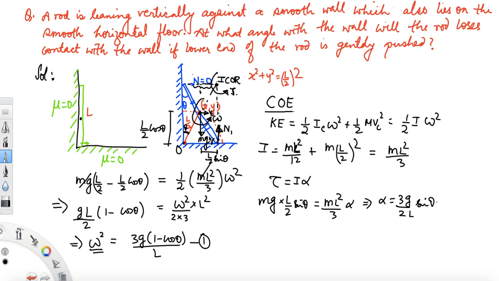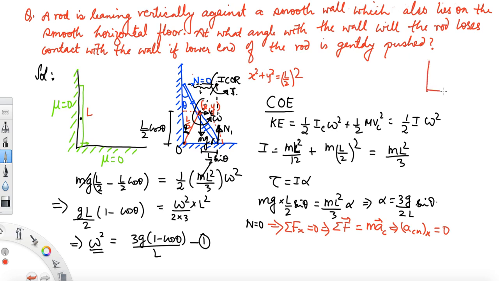Since normal reaction force is equal to 0, in the horizontal direction net force is equal to 0. So from F is equal to MAC, mass times acceleration of center of mass, net force is equal to 0. We can also say that acceleration of center of mass in x direction is equal to 0. That's very important.